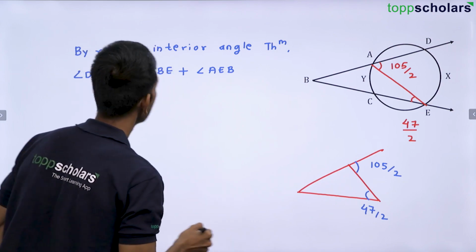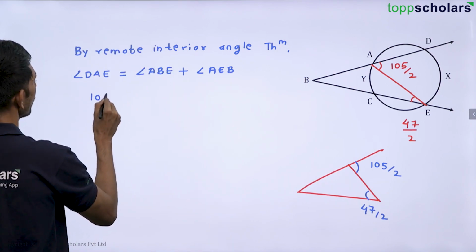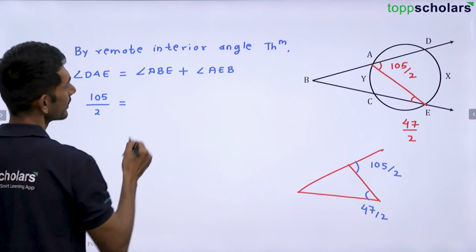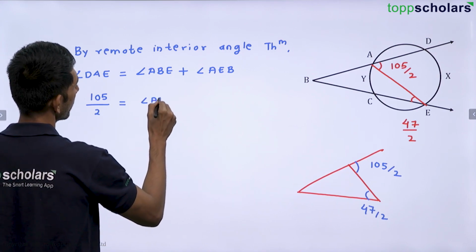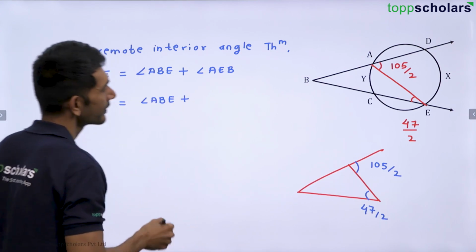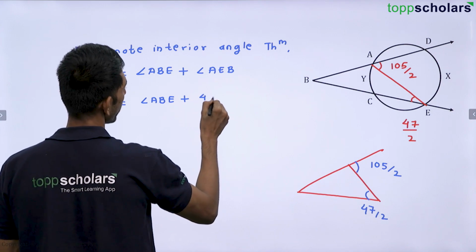So DAE is 105 by 2, ABE plus AEB is 47 by 2.